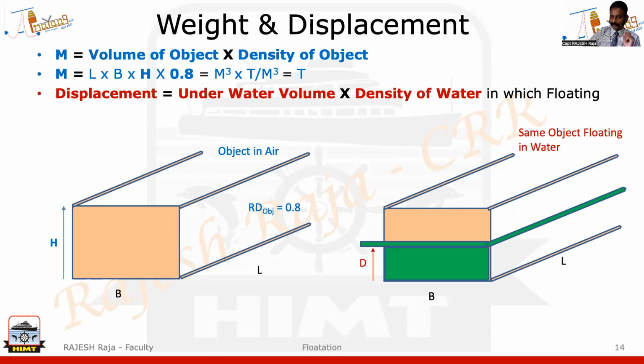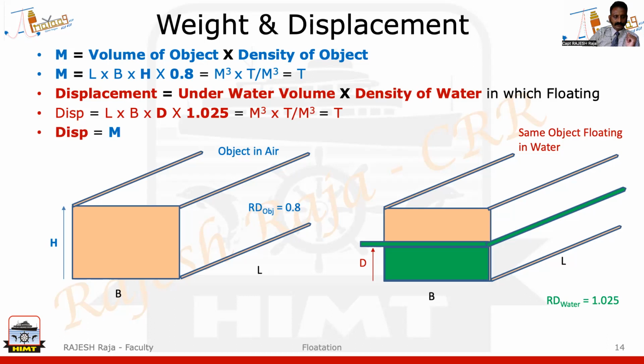So it is called a draft. And let us say I'm floating in water of 1.025, which is seawater. If I make an equation, it is length into breadth into the draft, into the density of the water. So this is the difference between the internal formula and the external one. And you will realize both displacement and m, which is the mass of the object, are the same.